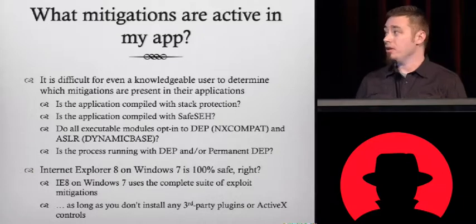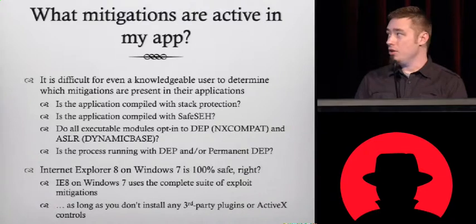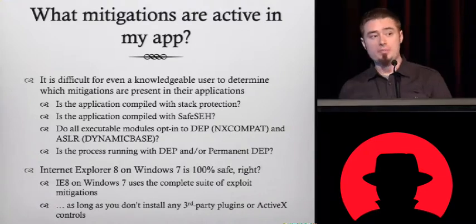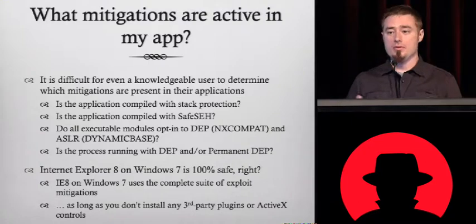You need to look at what plugins you have installed, is the application compiled with safe SEH, do all the modules opt into DEP and ASLR, is it running with DEP or permanent DEP, is it possible to load modules that don't opt into ASLR or DEP through a variety of means? All this stuff is possible.